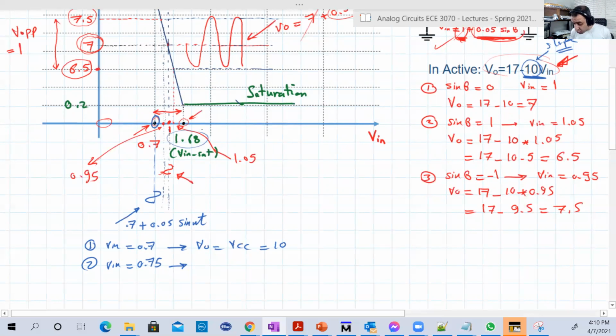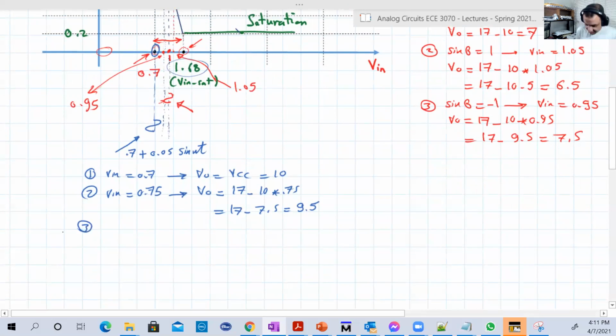So we're still in the active region. We can use this equation. So the output will be 17 minus 10 times 0.75. So 17 minus 7.5. This is basically 9.5. Yes, 9.5.